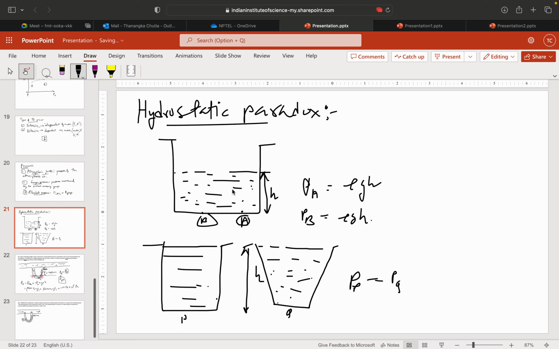The condition is that the fluid should be static. So the pressure at A is rho gh, and the pressure at B is also rho gh, because this height is the same. Similarly, these two containers look different but the height is the same, so the pressure at point P is also equal to the pressure at point Q.